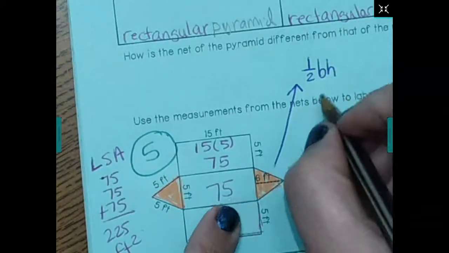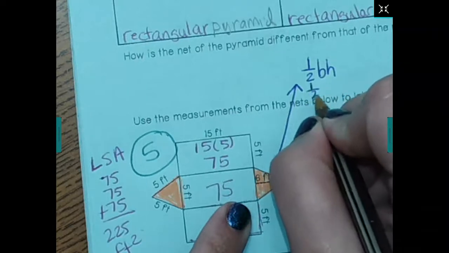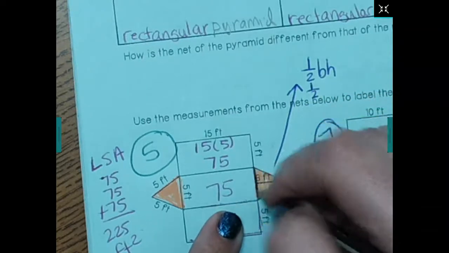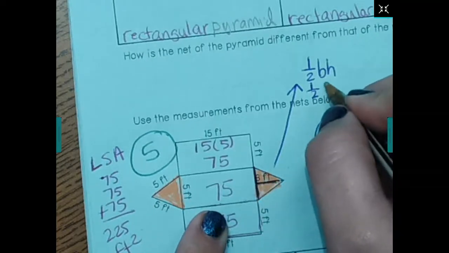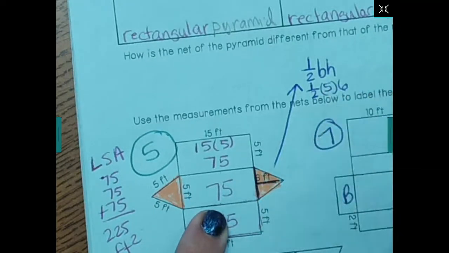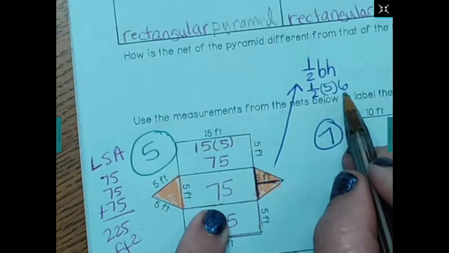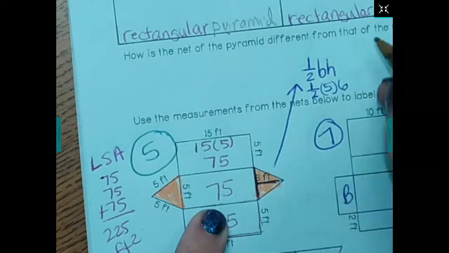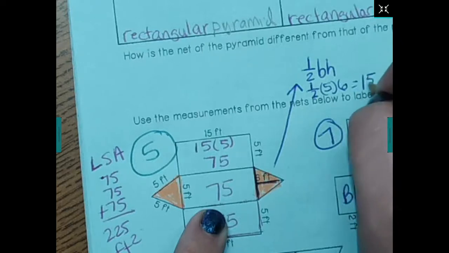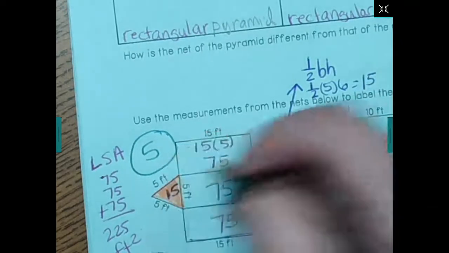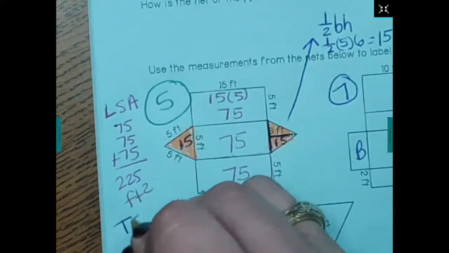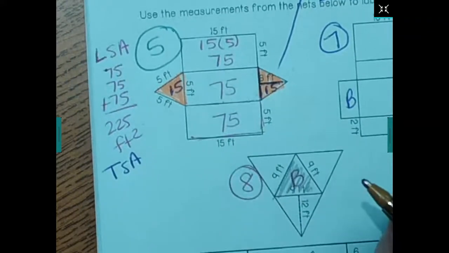So 1/2. The base is 5. The height is, I think that's 6. Yep. So half of 6 is 3. 3 times 5 is 15. So this is 15 and this is 15. So total surface area, 30.